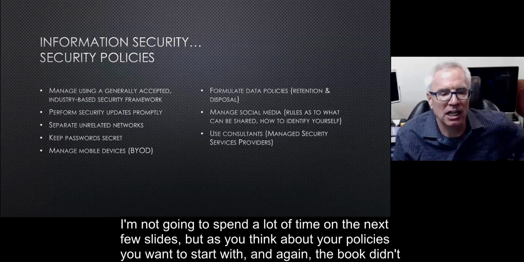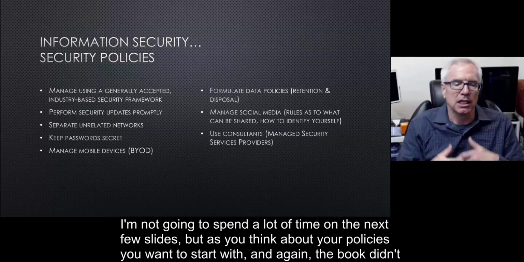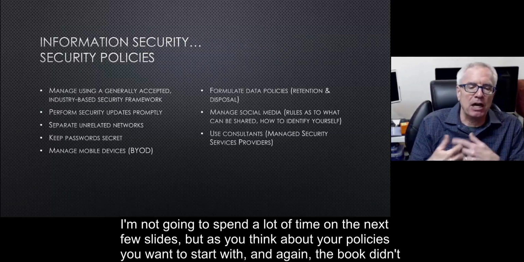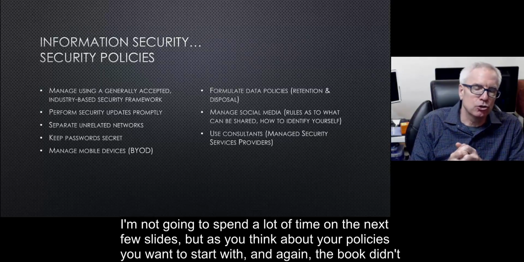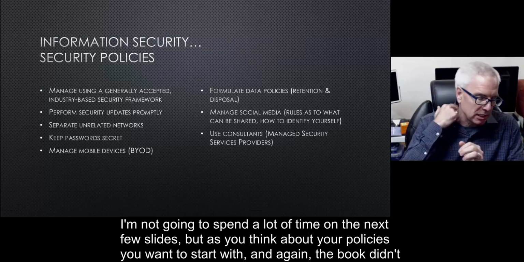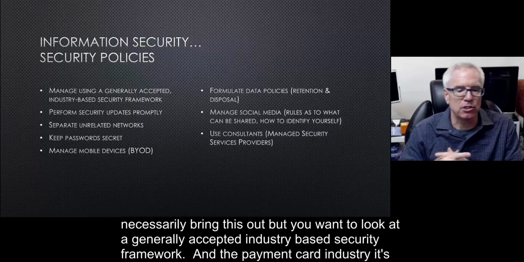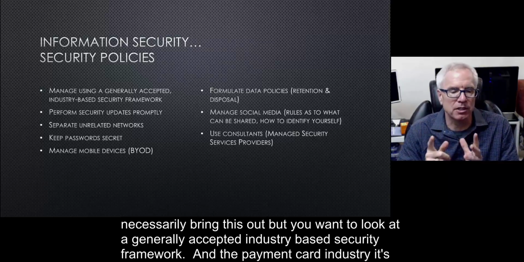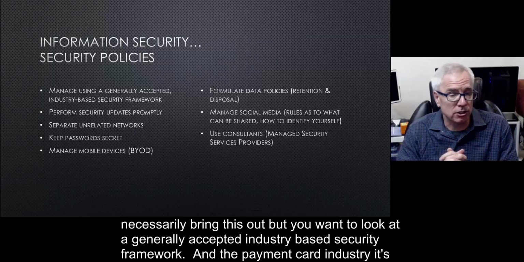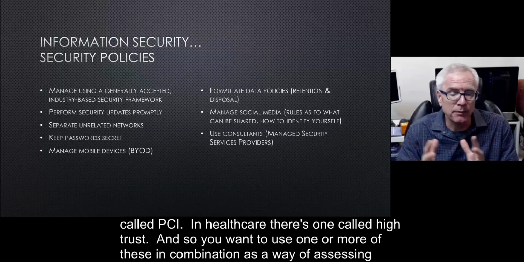I'm not going to spend a lot of time on the next few slides, but as you think about your policies, you want to start with, and again, the book didn't necessarily bring this out, but you want to look at a generally accepted industry-based security framework. In the payment card industry, it's called PCI.